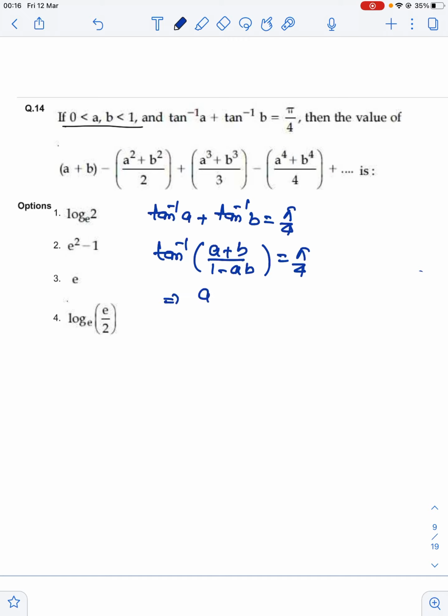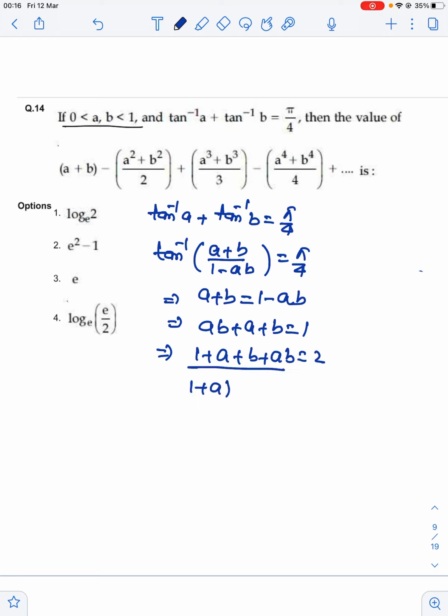So this will give us A plus B is equal to 1 minus AB, or AB plus A plus B is equal to 1. If I add 1 on both sides, that becomes 1 plus A plus B plus AB is equal to 2. So this is nothing but 1 plus A into 1 plus B is equal to 2.